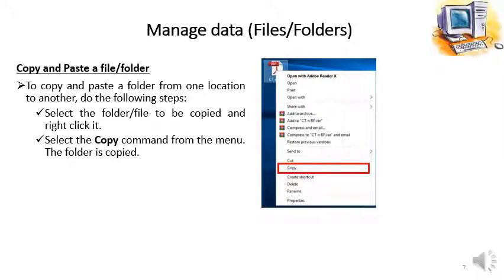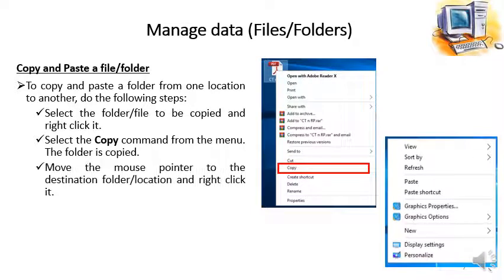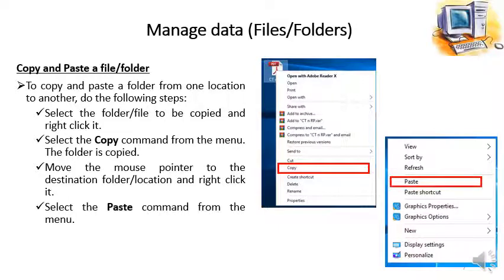Then select the copy command from the menu. The folder is copied. Move the mouse pointer to the destination folder location and right click it. So this window will appear. And then select the paste command from the menu. So the folder or the file will be pasted.